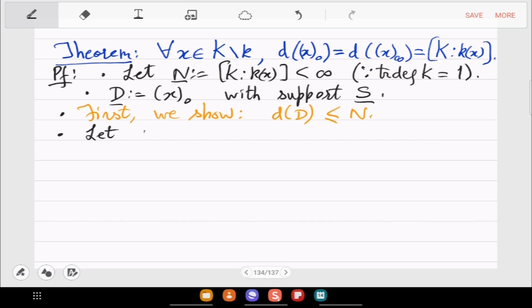Here the idea will be to use the L0 sheaf. For some reason using the L0 sheaf here will be helpful. So what we will do is collect n plus 1 functions y0 to yn from the L0 sheaf.